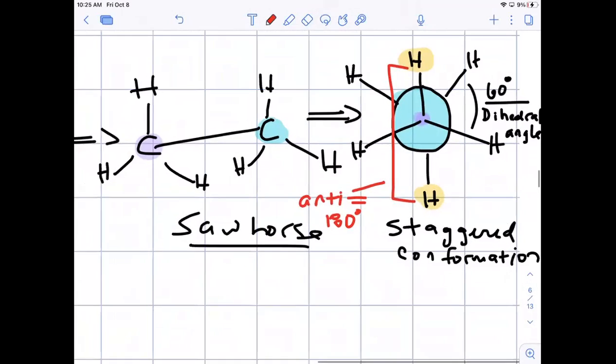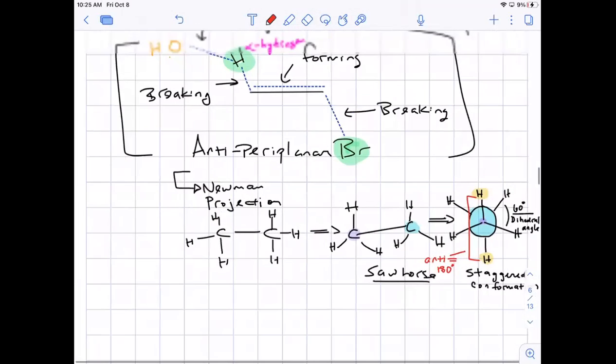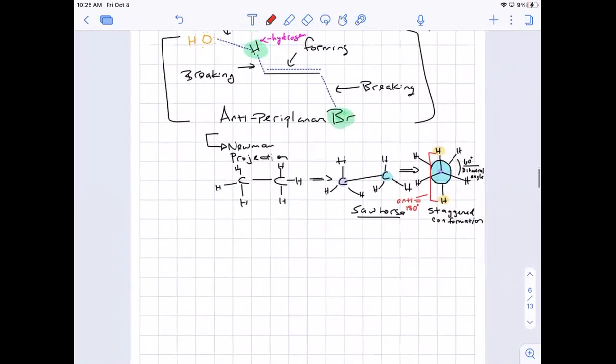All right. So when we say that the leaving group and the alpha hydrogen have to be anti-periplanar, that means that they have to be on opposite sides of the same plane, or they have to be 180 degrees from one another. So if we looked at that particular alkyl halide, we could draw the Newman projection like this.